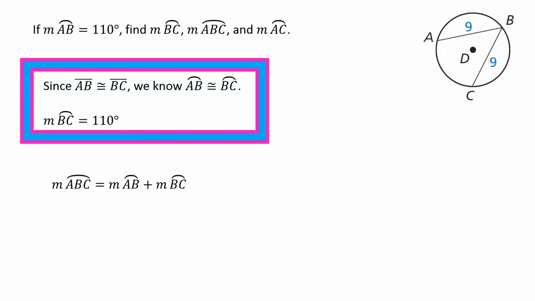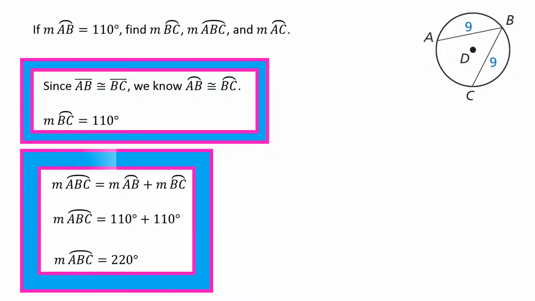Well, how about the measure of arc ABC? Well, I know I can just add the measurement of those arcs together because those arcs intersect at exactly one point, point B. So the measure of arc AB plus the measure of arc BC will add up to the measure of arc ABC. So I know 110 degrees plus 110 degrees is 220 degrees. How about the measure of arc AC?